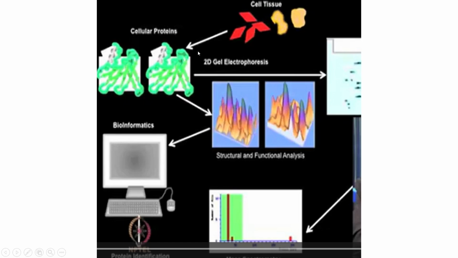So it's the same thing. You can do spot analysis. Whatever the extracted protein is, you run the SDS-PAGE, two-dimensional gel electrophoresis, and determine those proteins by using different analysis software. So it's basically a cycle.